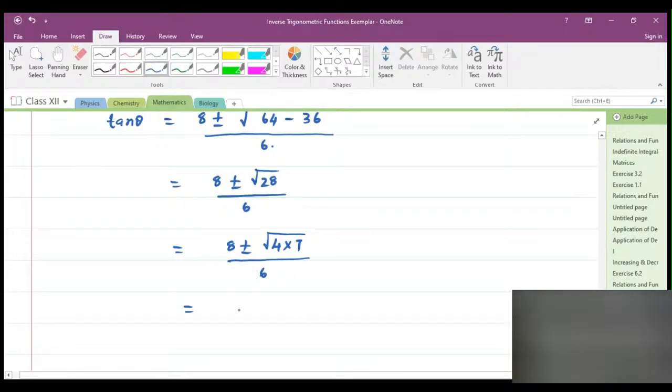The next step here will be 8 plus minus 2 under root 7 by 6.